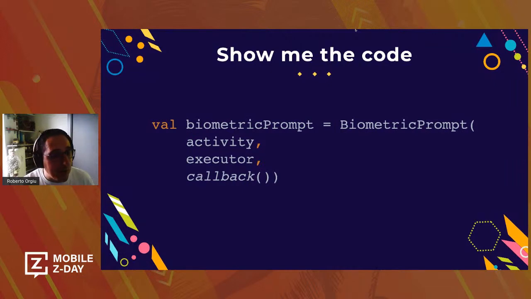I don't really know why it has been decided to pass an executor as one of the parameters. But usually what I do here is pass the equivalent of the main thread. Because when I create this object, I want it to be right there, and it's usually not blocking anything. The other parameters are the activity where we want to use the context, and the callback.